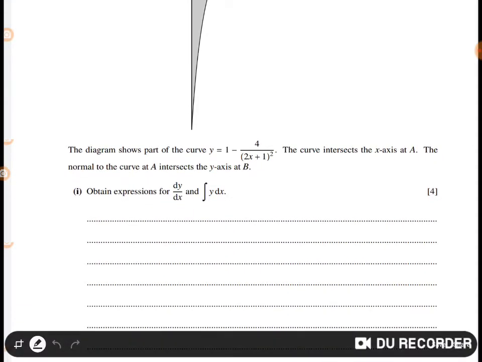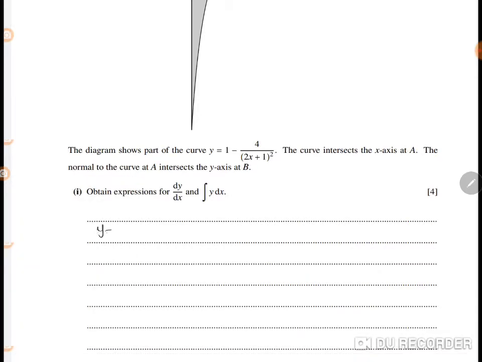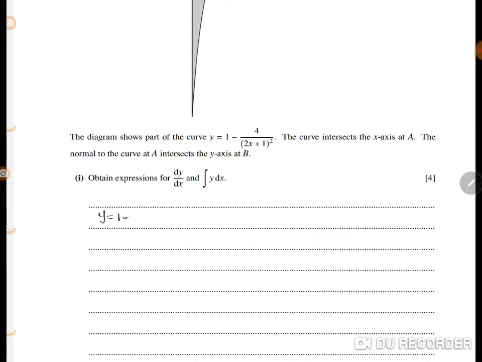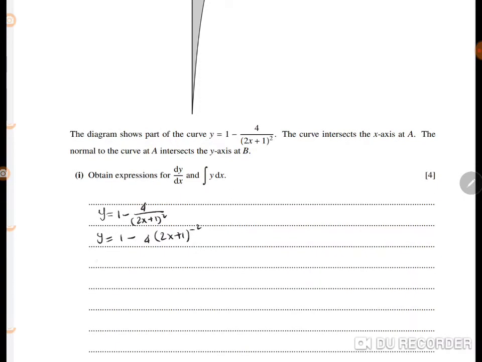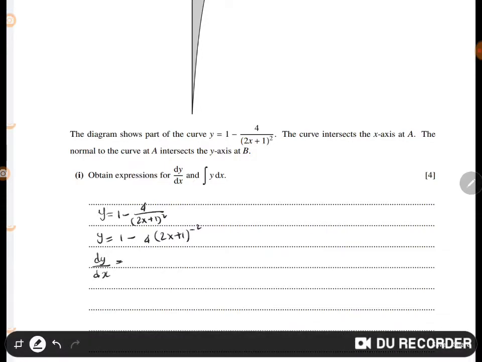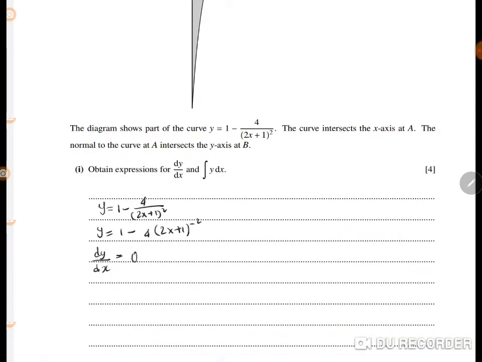So how do you find the derivative of y? You can write y equals 1 minus 4 times (2x plus 1) to the power of negative 2. Differentiating, the derivative of 1 is 0.